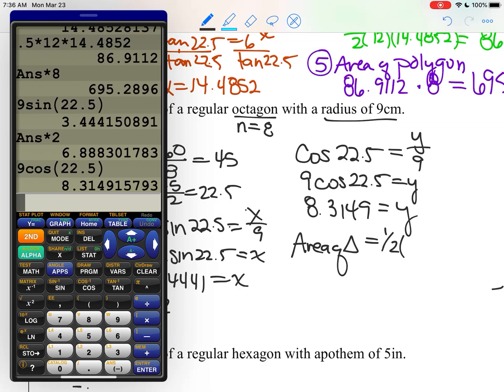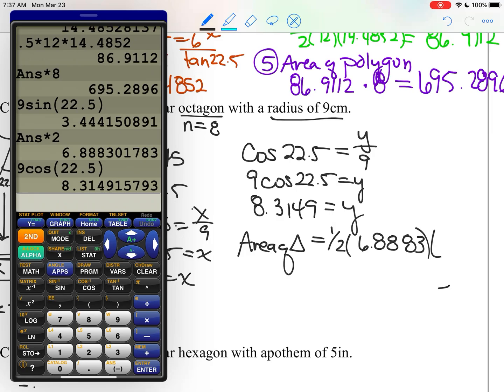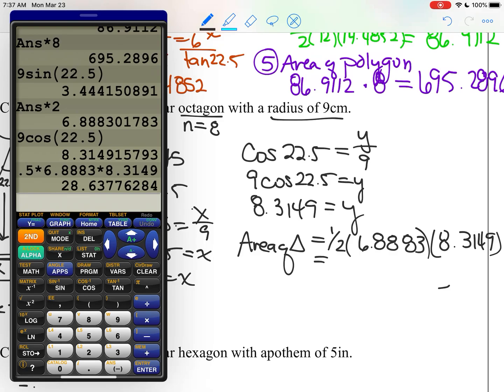And that's 1/2 times our base, which was 6.8883. It's still on my calculator. It's right here, the second line up. Times the 8.3149. Okay. And that gives me an area of 28.6377.